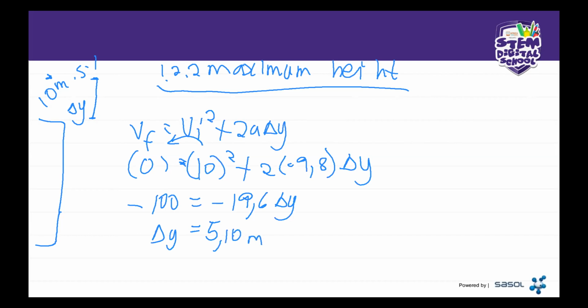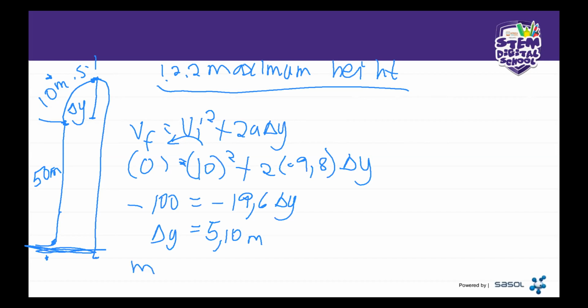So that's only the change, because from here to here, it's the change, but we're looking for the maximum height above the ground, and the ground is here. So they want to know from here to there, what is our height? We know that from here to here is 50 meters. And now we can add it to the change there to find the total height above the ground.